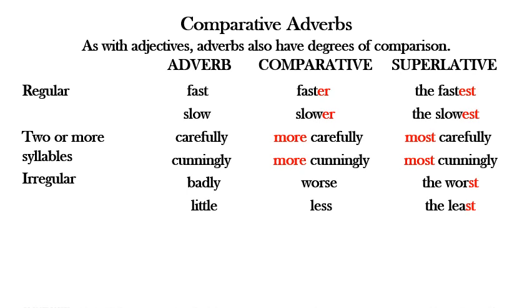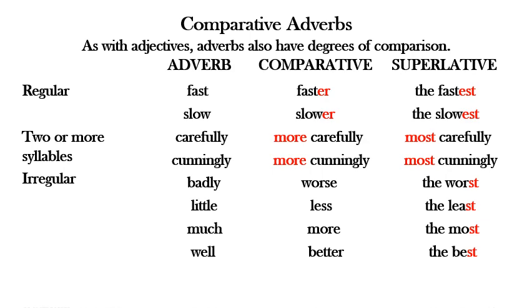We also have less, less than, and the least. Okay, and then you've got much, more, and the most. And finally, you have well, better, and the best. Very similar to the adjective, which is good, better, best. But here it's well, better, best.